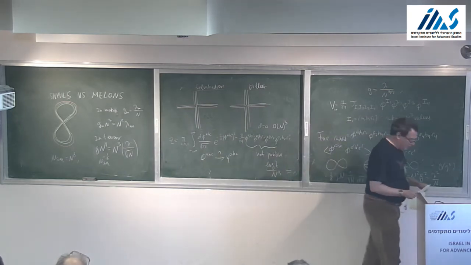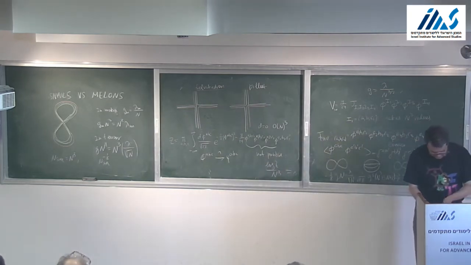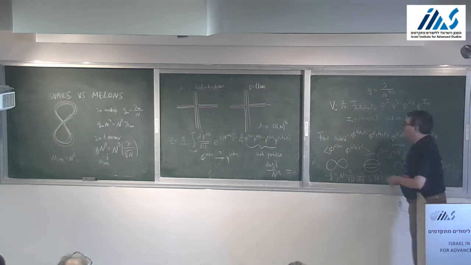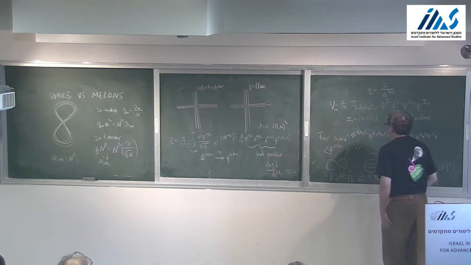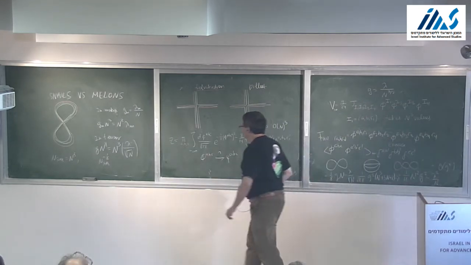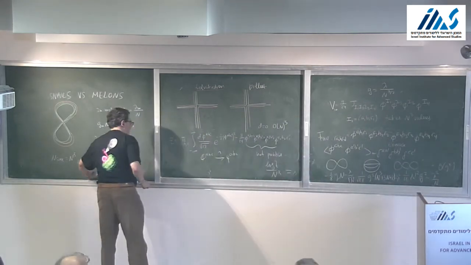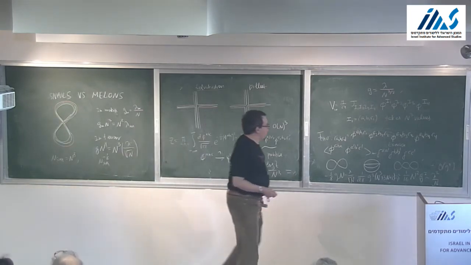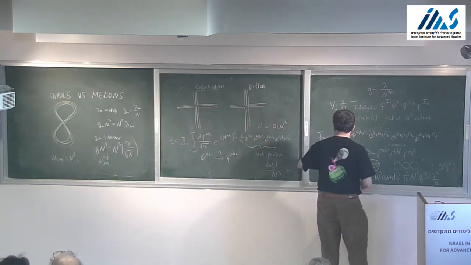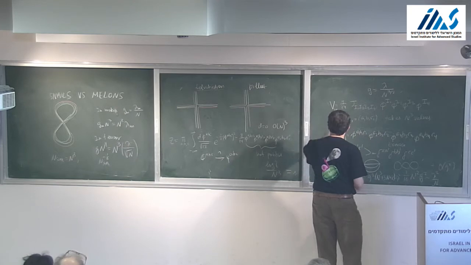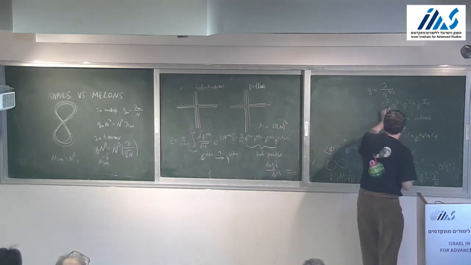Okay, so now what about the leading melon? As I showed last time, I already drew this, but maybe I should draw this again. What does the leading melon look like, right? Again, it helps to basically start with the matrix model graph.